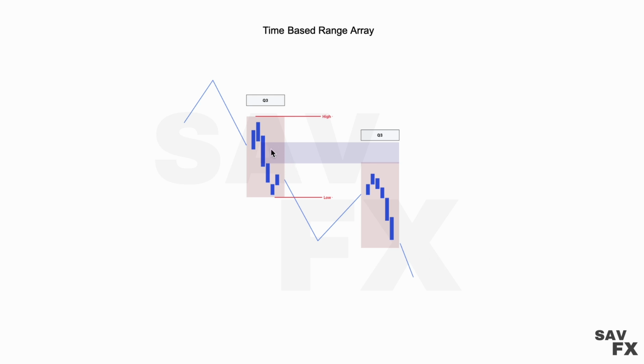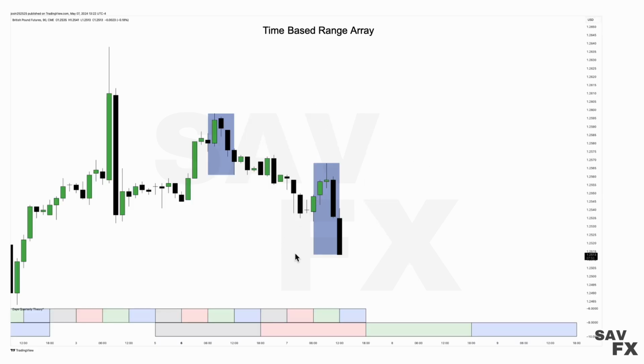You can utilize them as draws on liquidity, or as reaction points. Personally, I use them as reaction points, meaning I use them to set up my buyers and my executions.